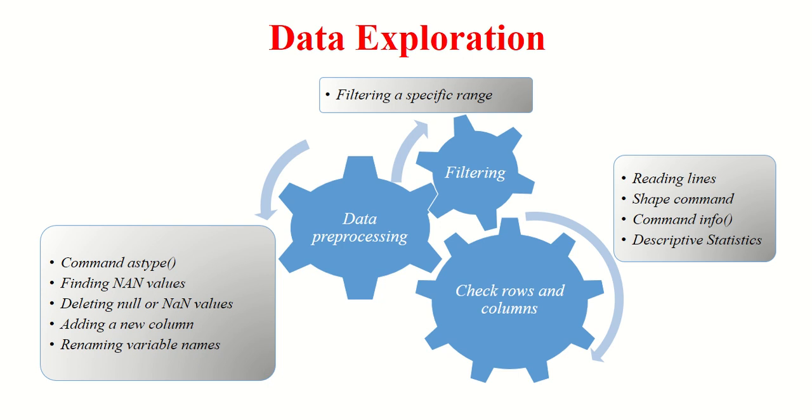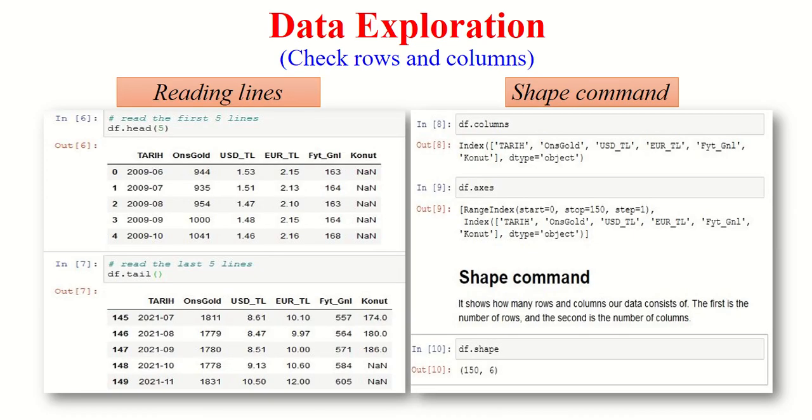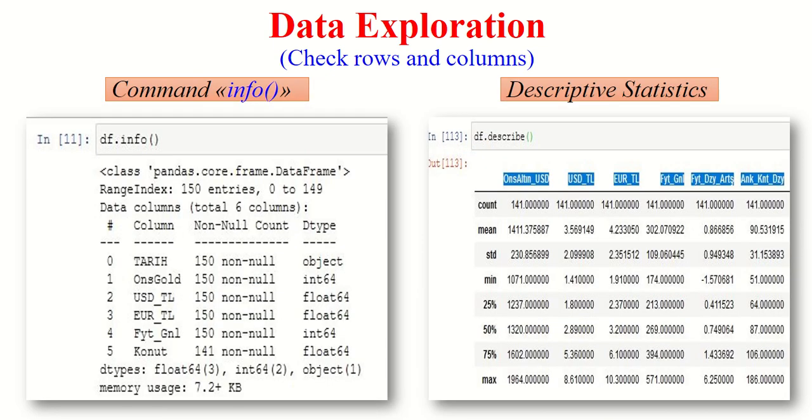The data exploration section was analyzed under three headings: row column control, data processing, and filtering. We can read the rows in our data set as seen on the slide and perform row column control. This dataset is a data frame, and consists of 150 rows and 6 columns. 9 rows are blank.